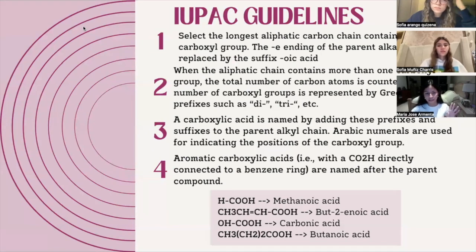By the way, this carboxyl group is kind of like the general formula, it is the part that doesn't change. And then you change the E ending of the parent alkane. The alkane is the hydrocarbon name, and the E is replaced by the suffix oic acid. So at first we can analyze that all carboxylic acids end with acid.